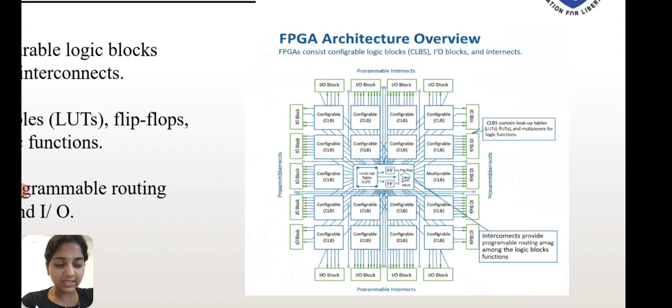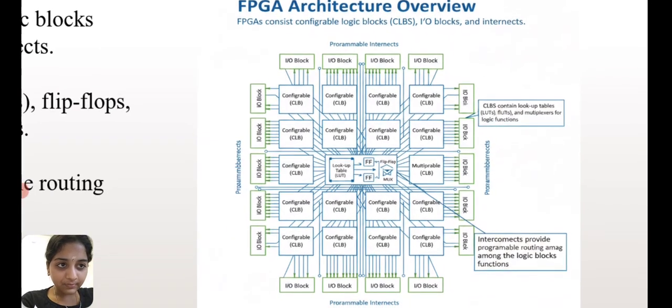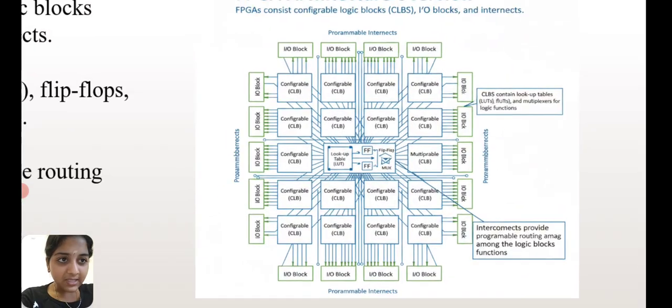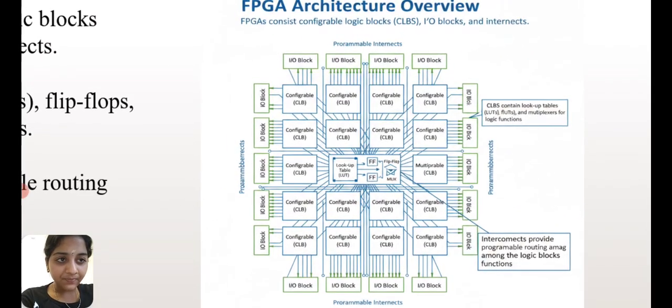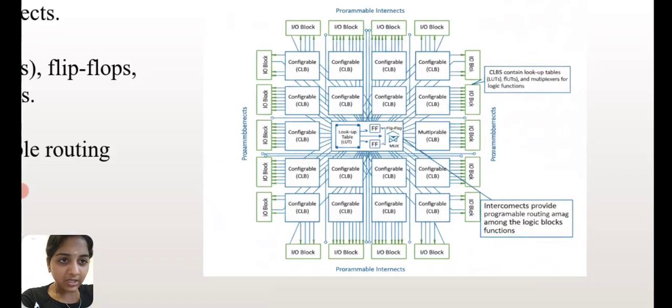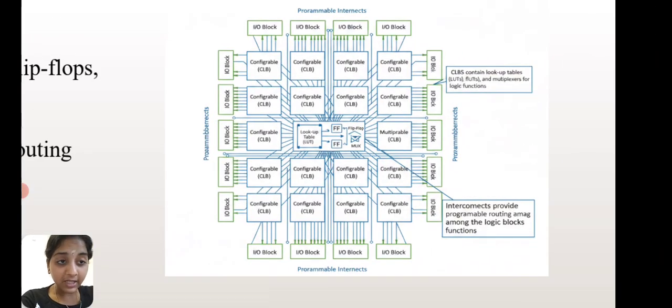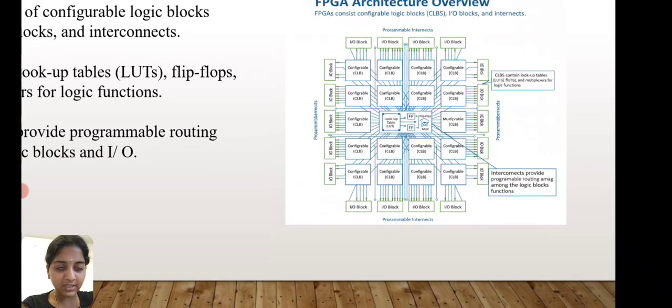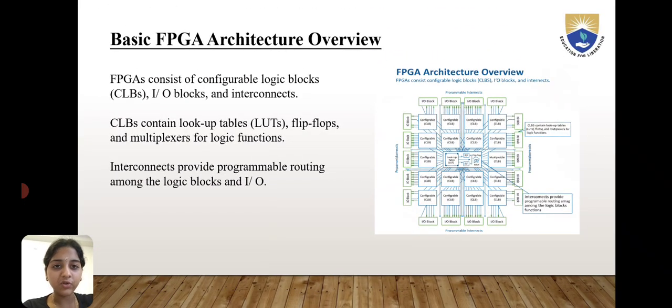Here we can see the FPGA architecture overview, where CLBs contain lookup tables, LUTs, and multiplexers for logic functions, and in the middle we can see the interconnects, which provide programmable routing among the logic block functions. This is the FPGA architecture overview.